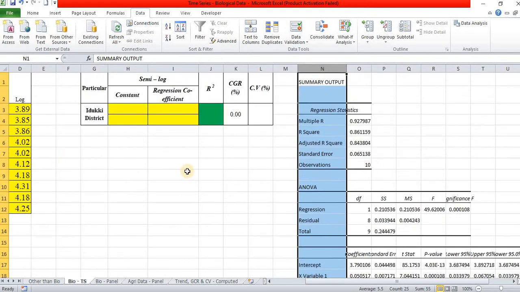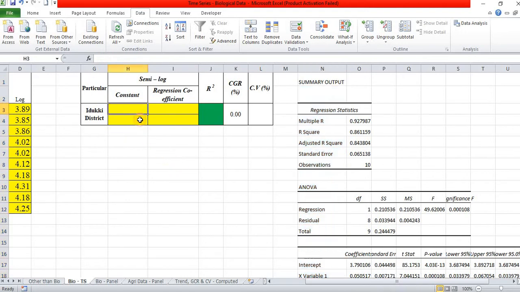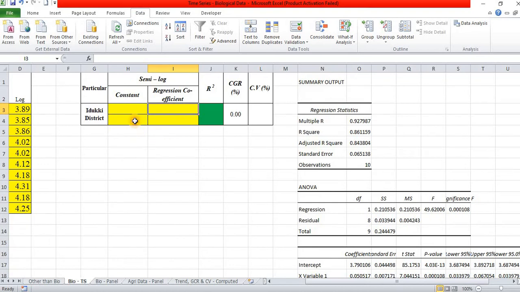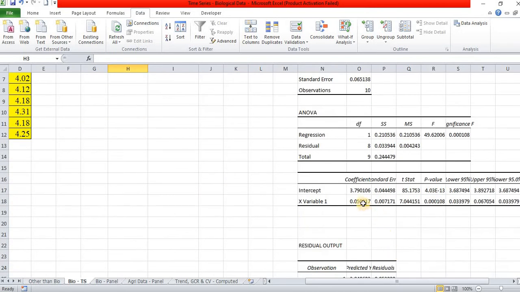And the semi-log data will be presented in this format. The constant and slope and the error of intercept and slope, r square, and finally we find out the compound growth rate. The constant value is given, that is coefficients.